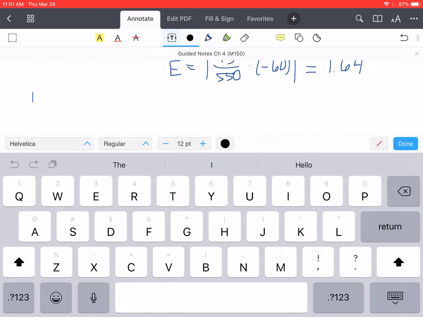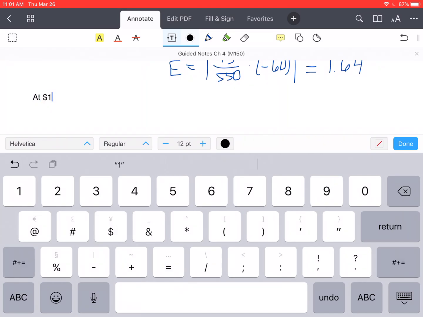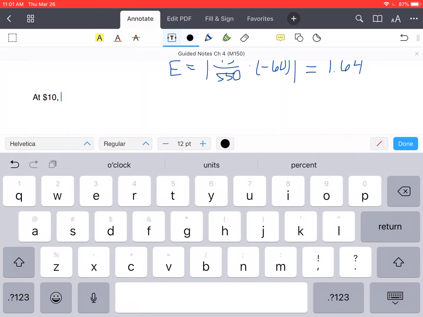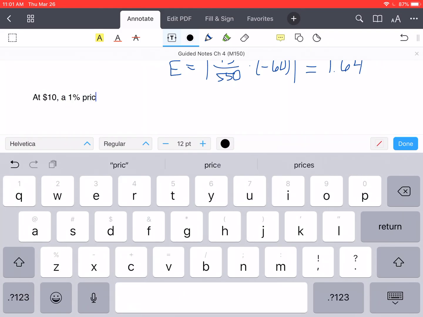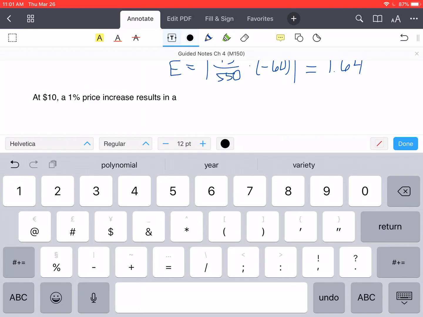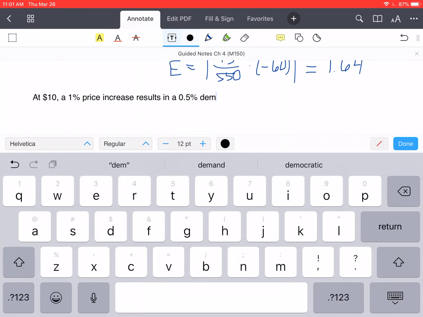So we can say at $10, a 1% price increase results in a 1/2 or 0.5% demand decrease.